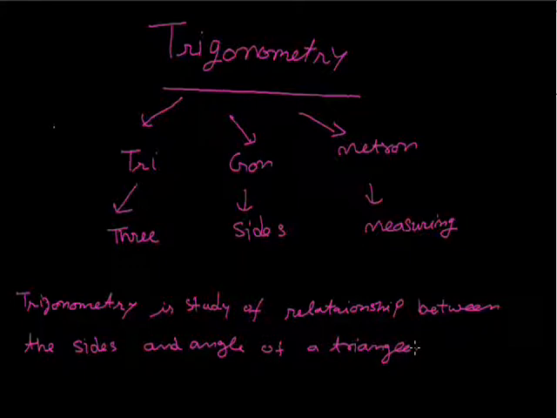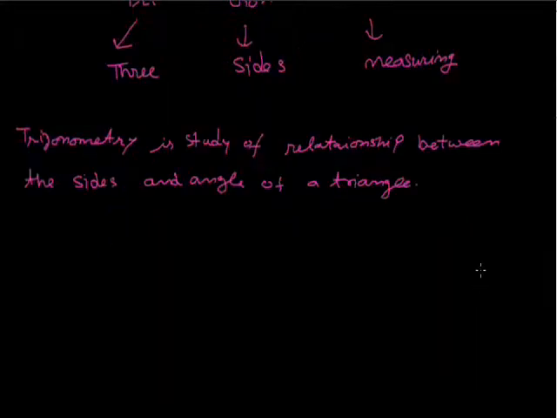Or we can say trigonometry is a branch of mathematics which deals with the measurement of angles and problems allied with angles. But this is a right angle triangle ABC.